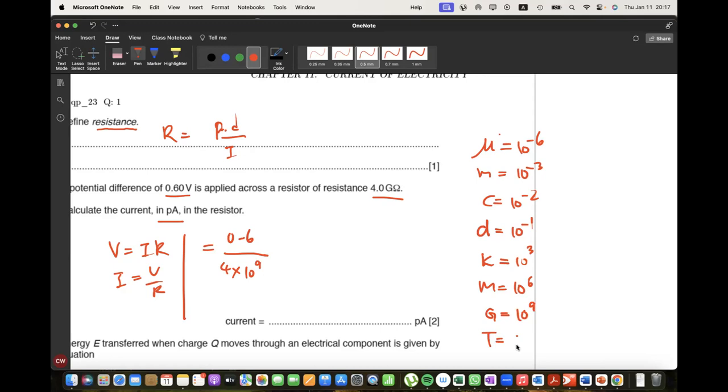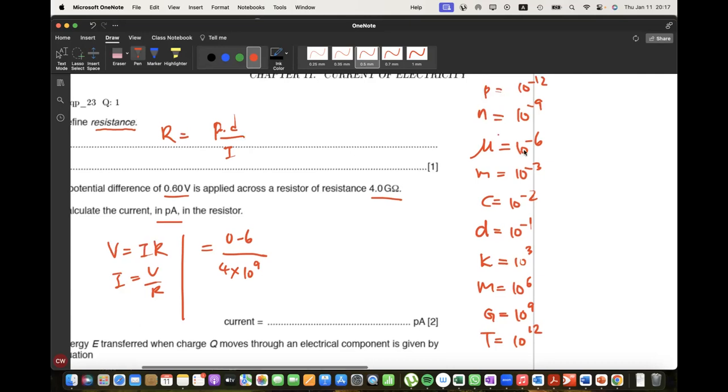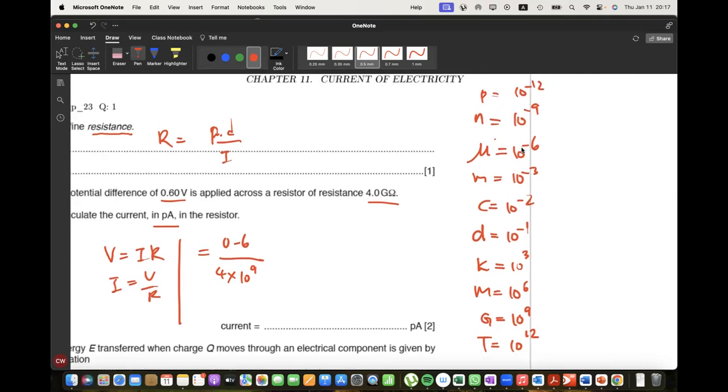Tera 12. Pico, oh, before pico, there's a nano. Nano, pico, yeah. We need to know this one.